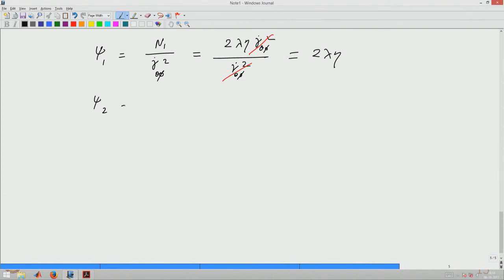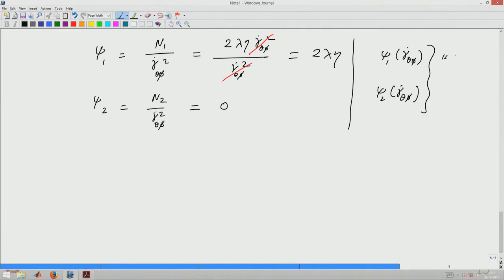Similarly, psi 2 is 0 because N2 itself is 0. So, for realistic materials, psi 1 itself is a function of gamma dot theta phi, and psi 2 will also be a function of gamma dot theta phi. So, this behavior is not shown by the upper convected Maxwell model.